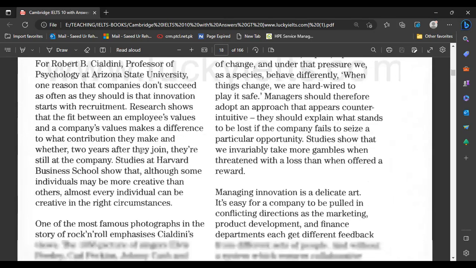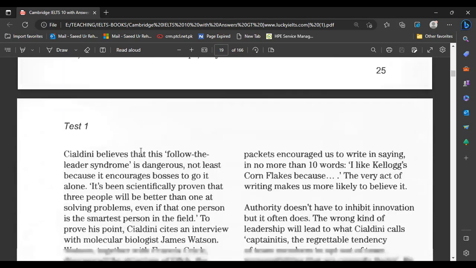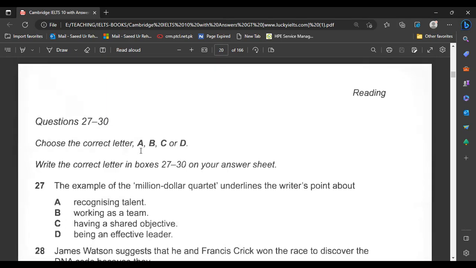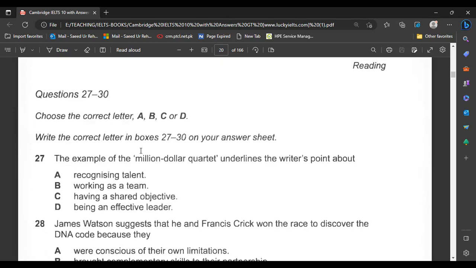So this discussion will be having psychology of innovation, and then there will be questions, and we will use the skimming and scanning technique to solve these questions. So here you can see the multiple choice question, the example of the $1 million quarter, underline the writer's point about. Okay, so that shows the example of the $1 million quarter.